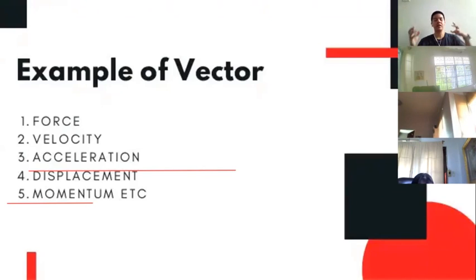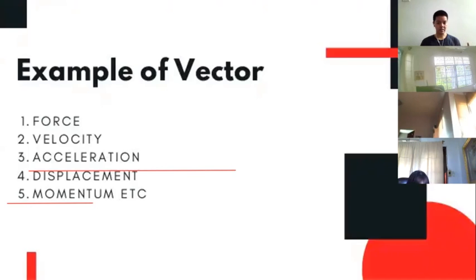So remember the difference between scalar and vector. Scalar only has magnitude, no other characteristic. Vector quantity has direction and also has magnitude. So do you see the difference there?